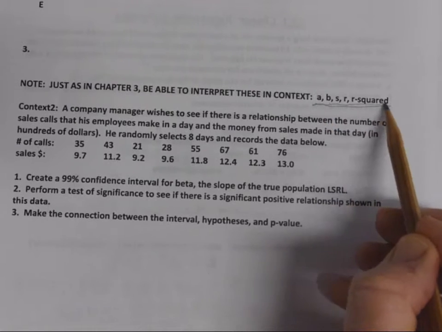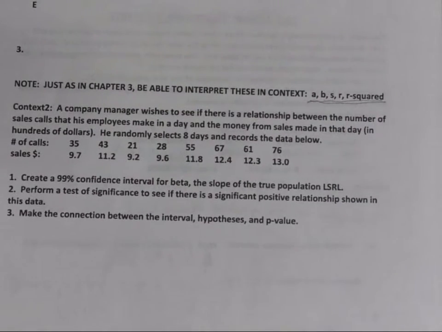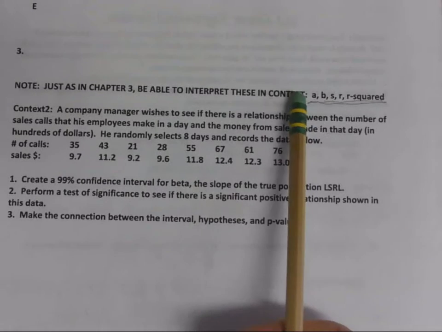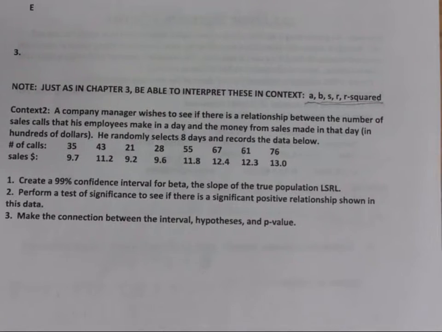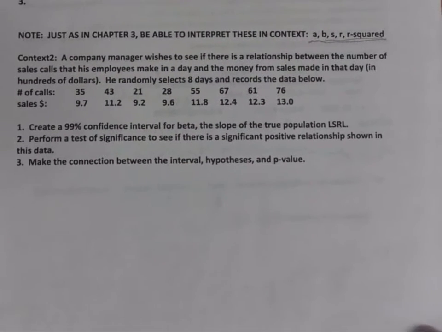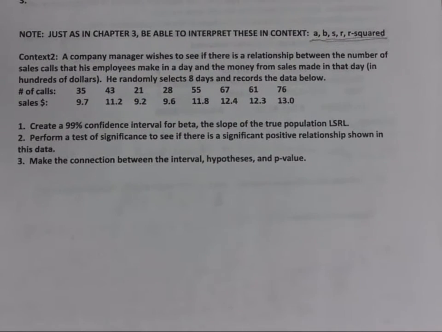Those things are asked about a lot, more than actually all this other stuff we're talking about right now. So please, I've put other documents on Canvas. Certainly your book does a really good job of that, but please make sure that you can interpret all of those things in context. Those are the most popular questions in regards to linear regression.